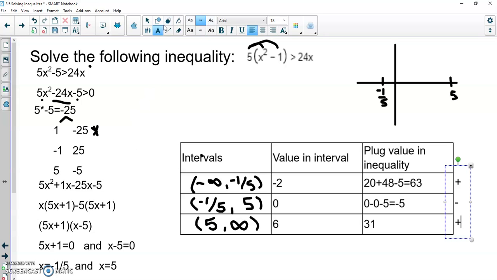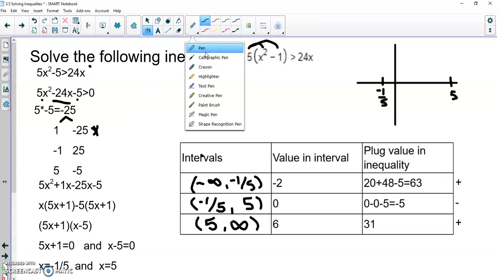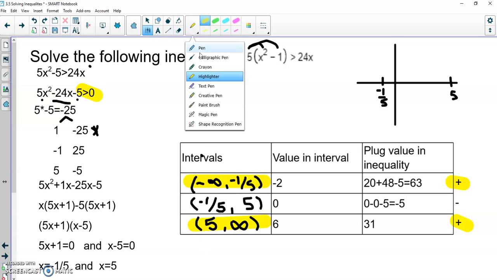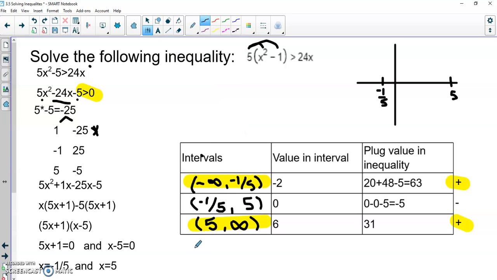So remember, the inequality wanted to know where the values greater than 0 occurred. Greater than 0 means above the x-axis or positive numbers. So the two intervals where I had positive values were from -infinity to -1/5 and 5 to infinity. So that gives us our solution for the problem.